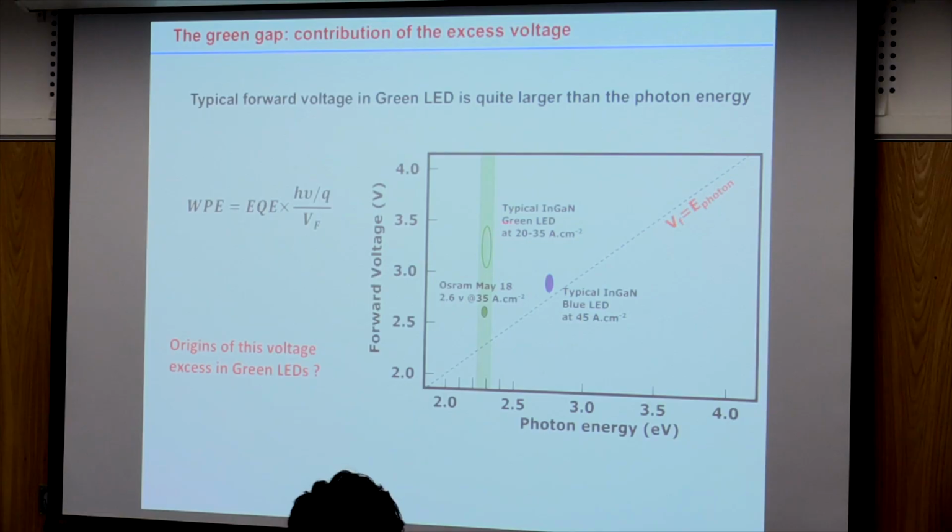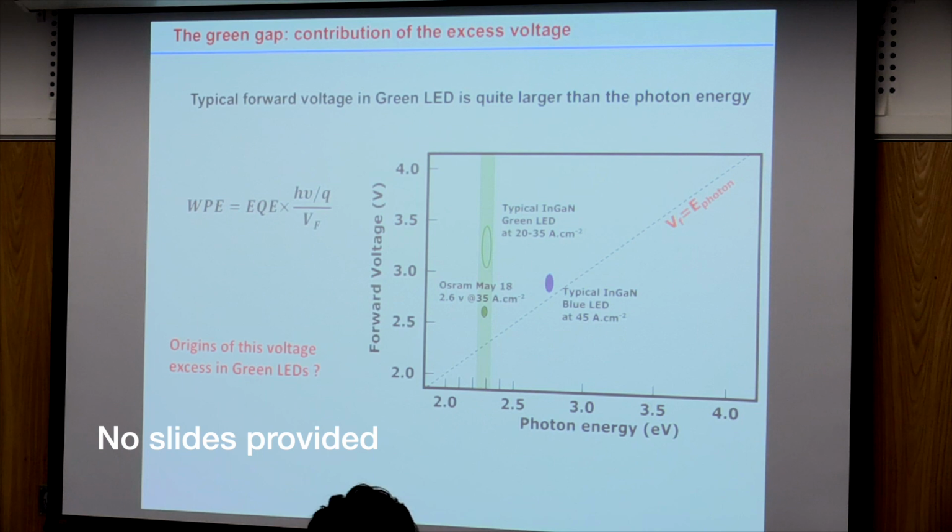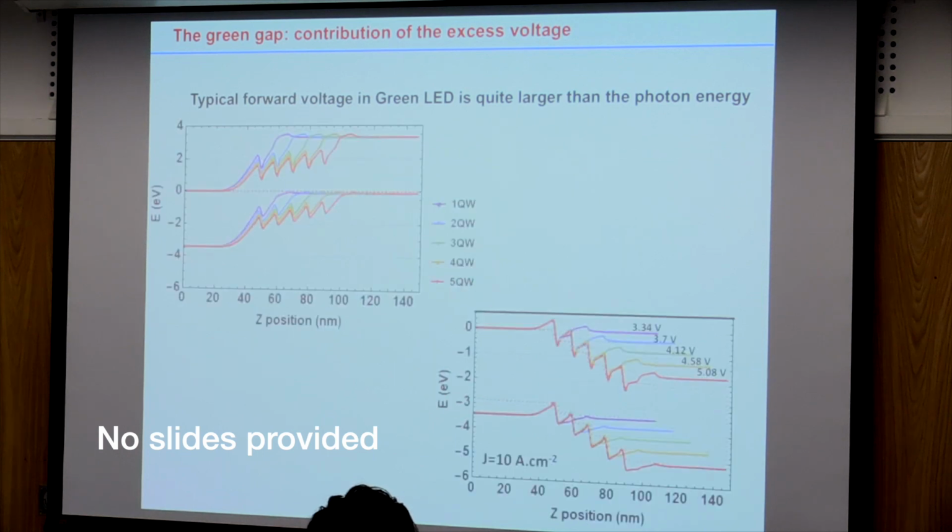When you are in the green, you have much higher voltages. And when you compute this, in a landscape computation again, you find that when you increase the number of quantum wells in a green LED, and you need a number of quantum wells to have a good LED, for each quantum well that you add, you typically add 0.4 volts.